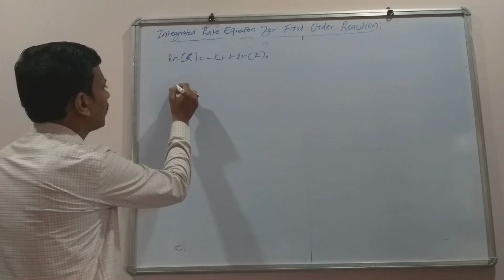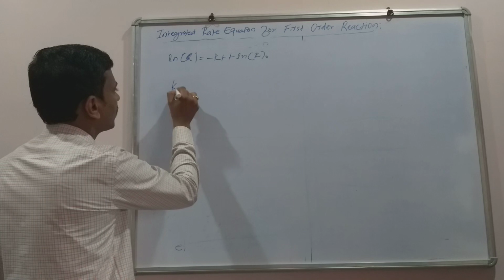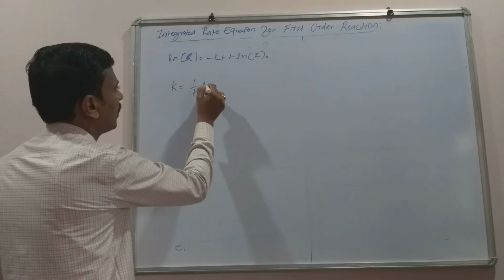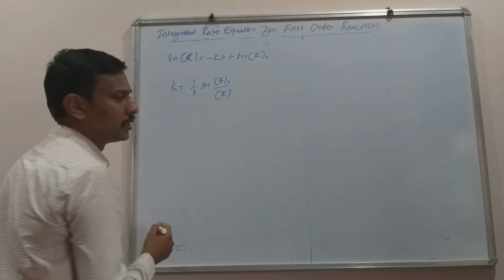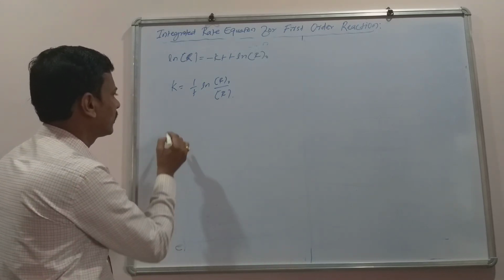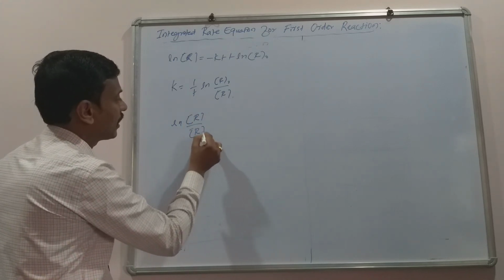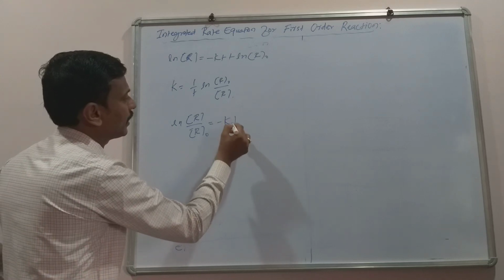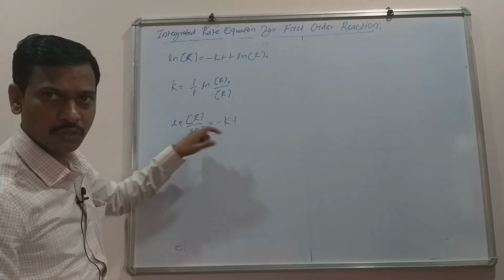This can be written as k is equal to 1 by t ln of r naught upon r. Now this equation can also be written as ln r by r naught is equal to minus kt. Please remember, ln r by r naught is equal to minus kt.